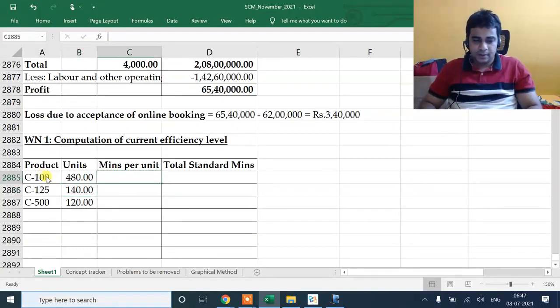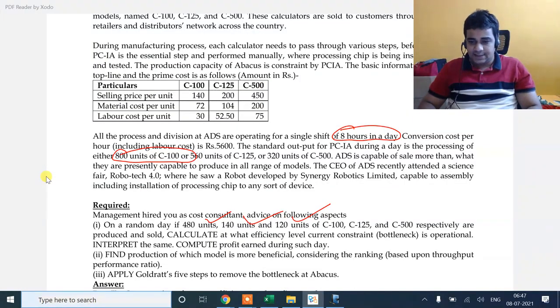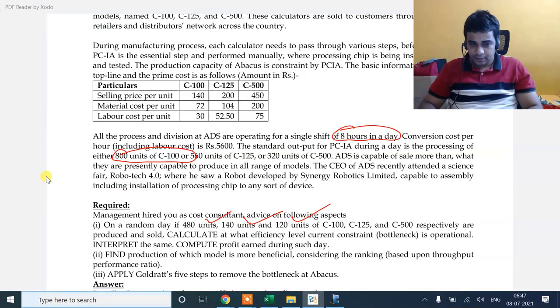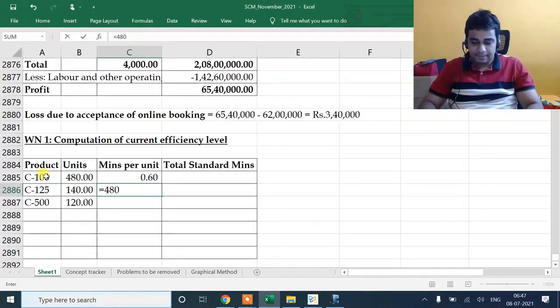Now listen, product C100, 800 units can be made in 480 minutes. So 480 minutes by 800, 480 minutes by 560, and 480 minutes by 320.